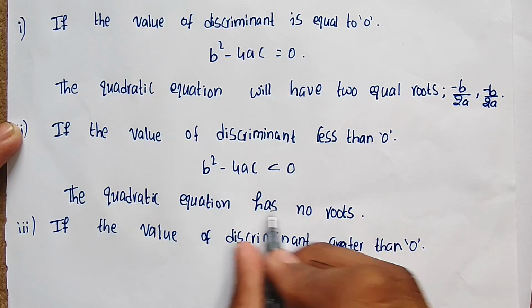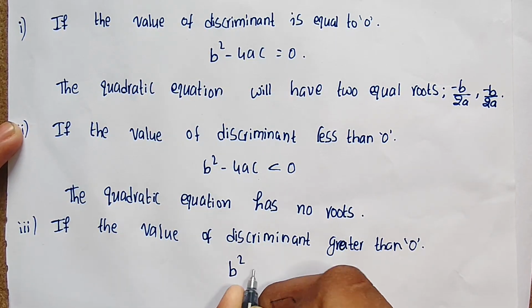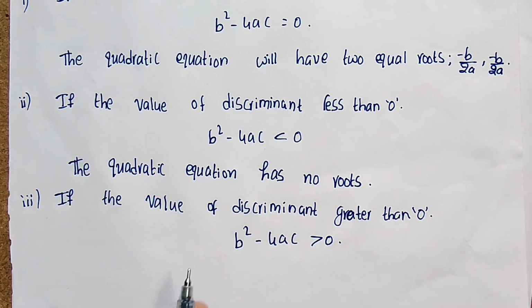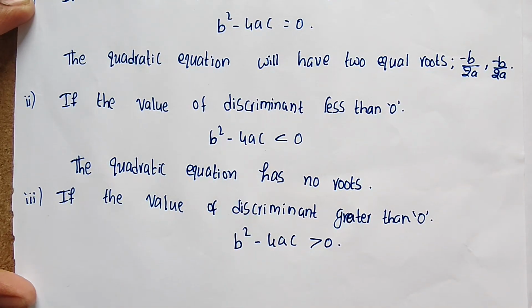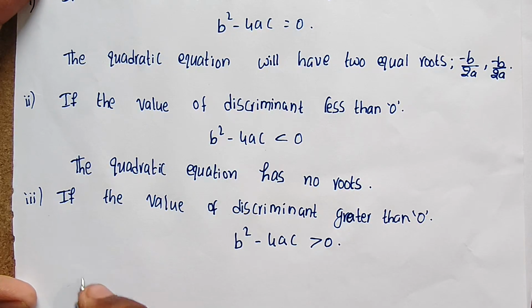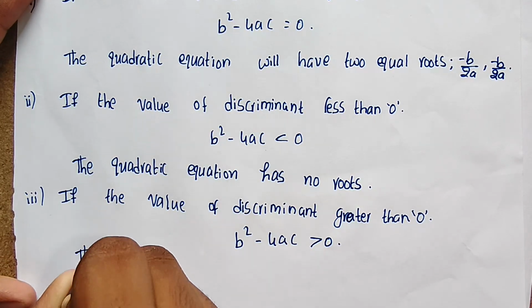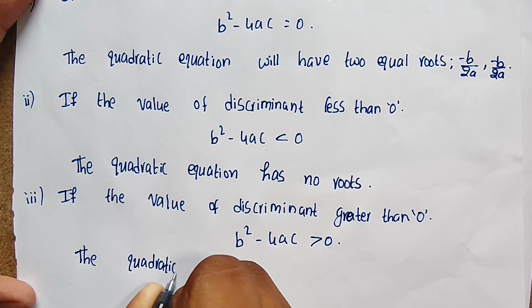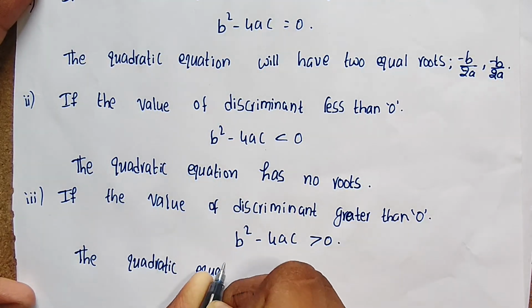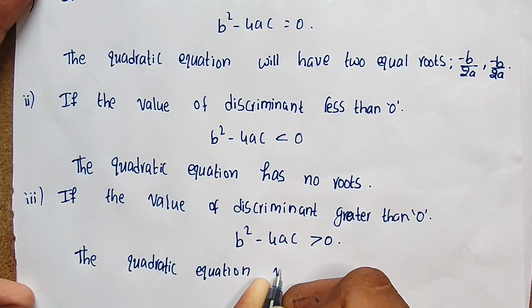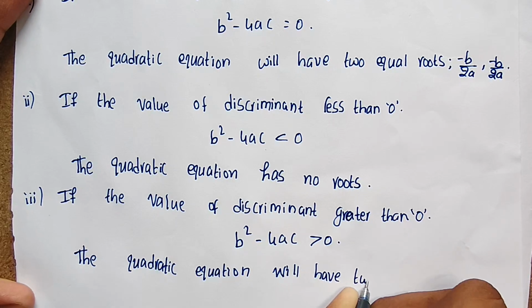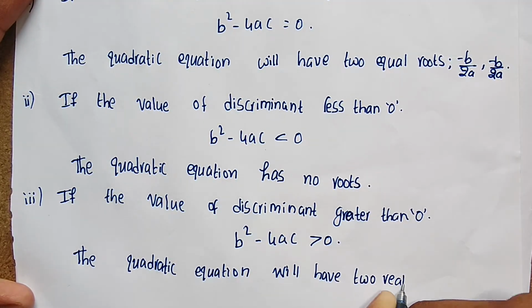This is important. If b square minus 4ac is greater than 0, then the quadratic equation will have two real roots.